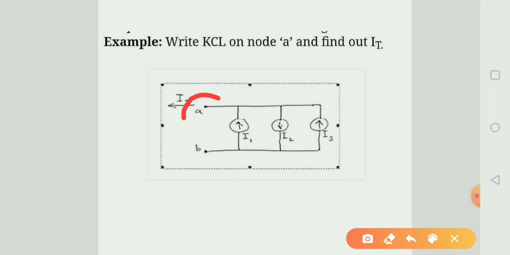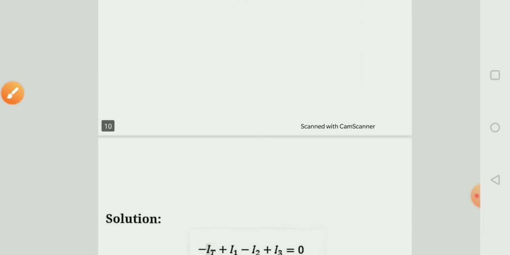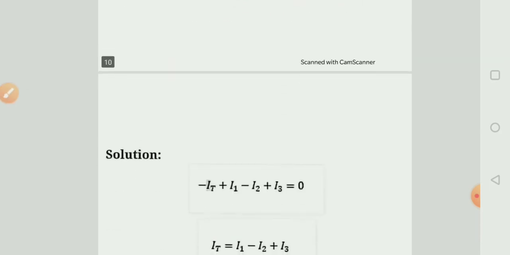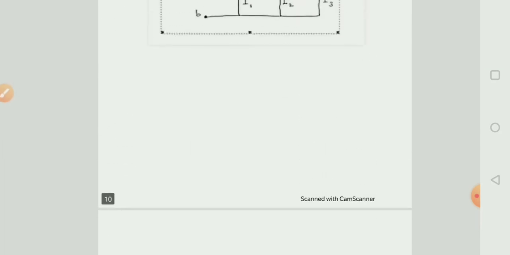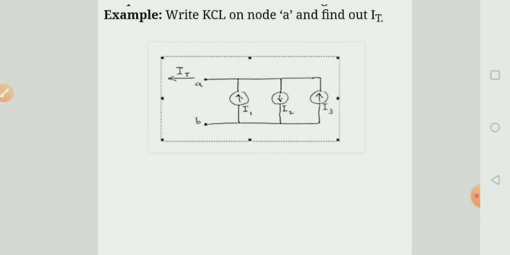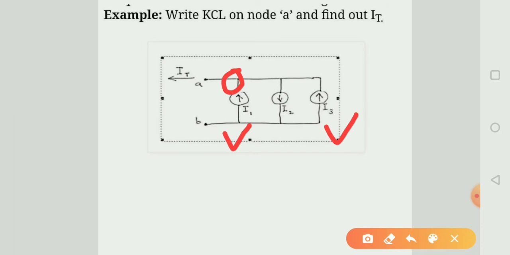Here is node A and IT is the current in this branch. We see that for node A, I1 is incoming current and I3 is also incoming current and I2 is outgoing current.